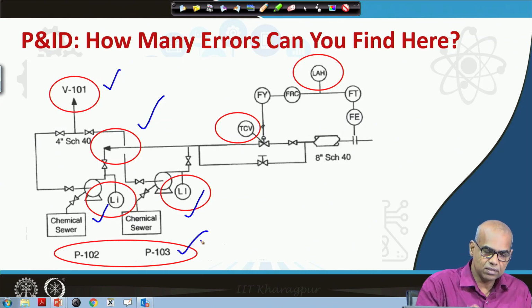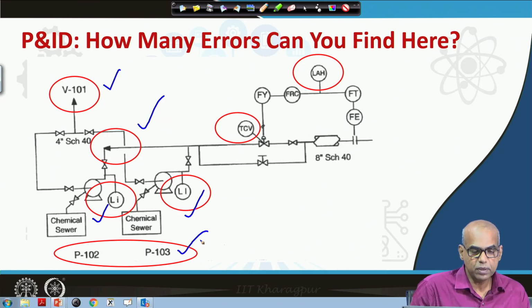Also look at these numbers P102 and P103. These two pumps are identical pumps connected in parallel. One is idle when the other is in service. So, it should be represented as P102A/B. This we have seen when we talked about the process flow diagram.